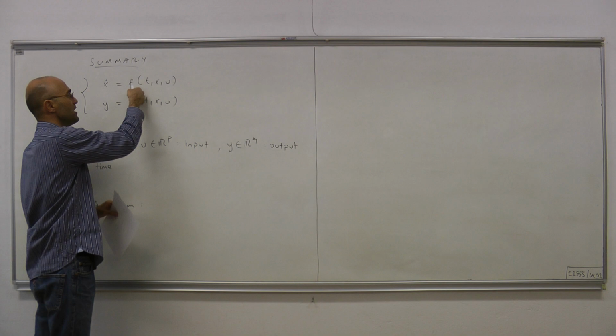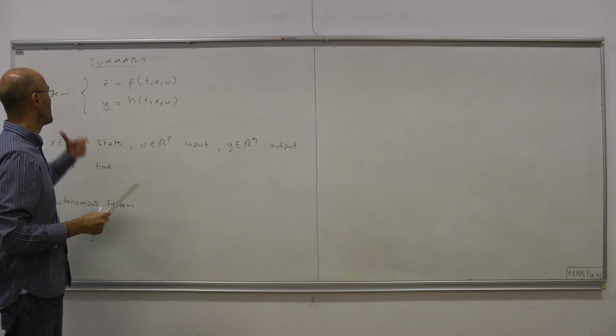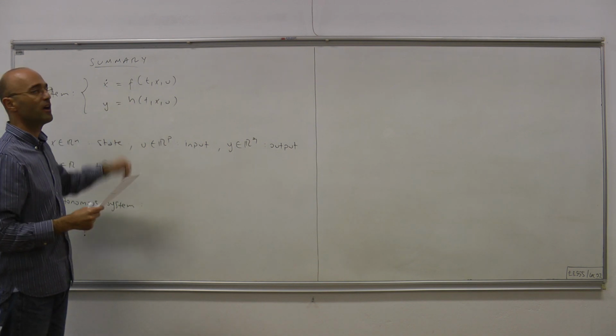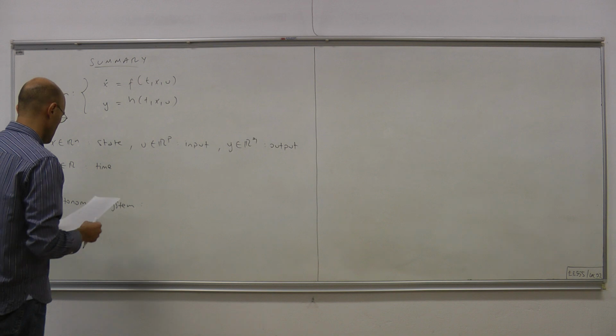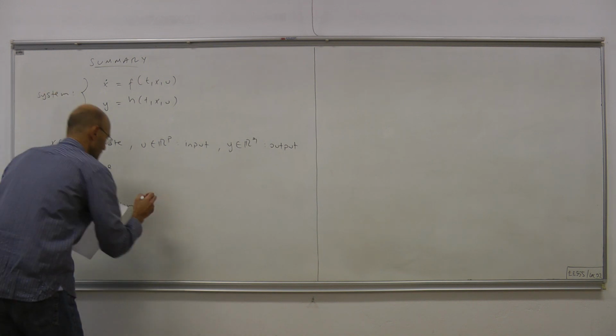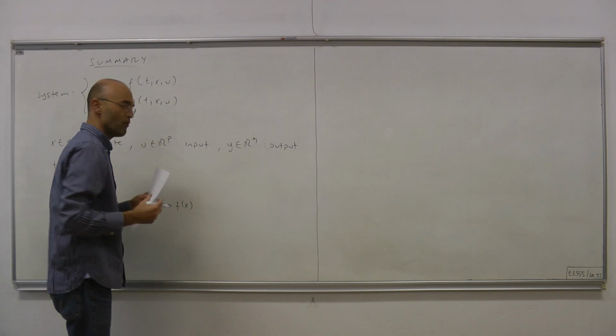Okay, and the right-hand side, this function f, does not depend explicitly on time. If that is the case, then the system simply becomes x dot equals f of x, and such a system we call an autonomous system.